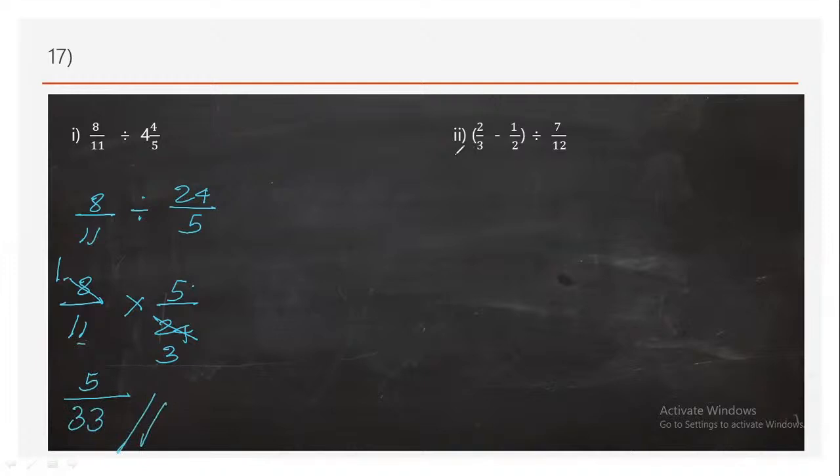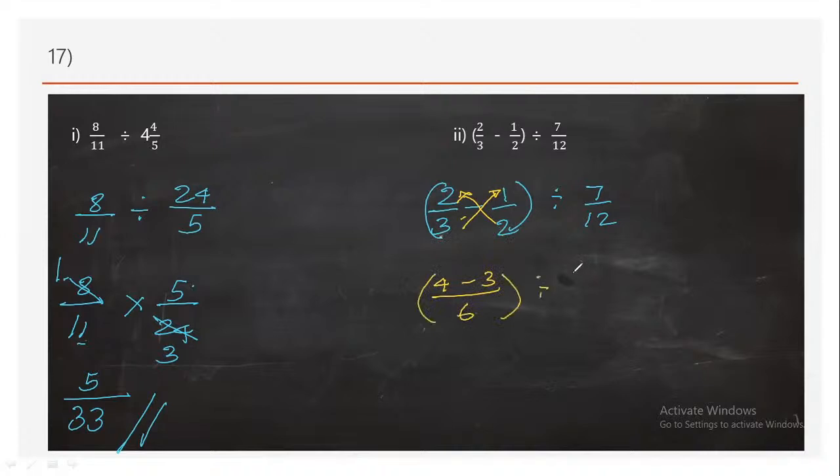First, you have to do the bracket simplification. 2 over 3 minus 1 over 2, divide by 7 over 12. So, look at here. First, inside the bracket, you have to do the subtraction. It is easy, sometimes in a short way you can do it like this. 2 times 2, 4 minus 3 times 1, 3. 3 times 2, 6. Divide by 7 over 12.